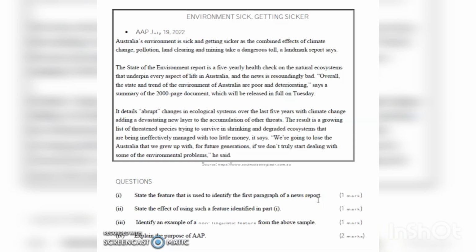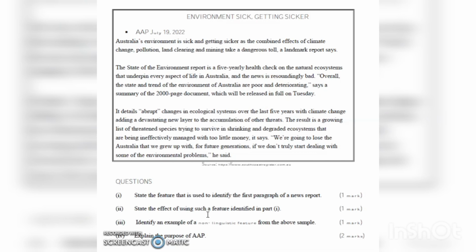Remember, lead-in, not the byline, not the stock phrase. The first paragraph is always called the lead-in. Okay, number 2, state the effect of using such a feature identified in part 1. So lead-in, the purpose is to grab the reader's attention, or to summarize the whole article.